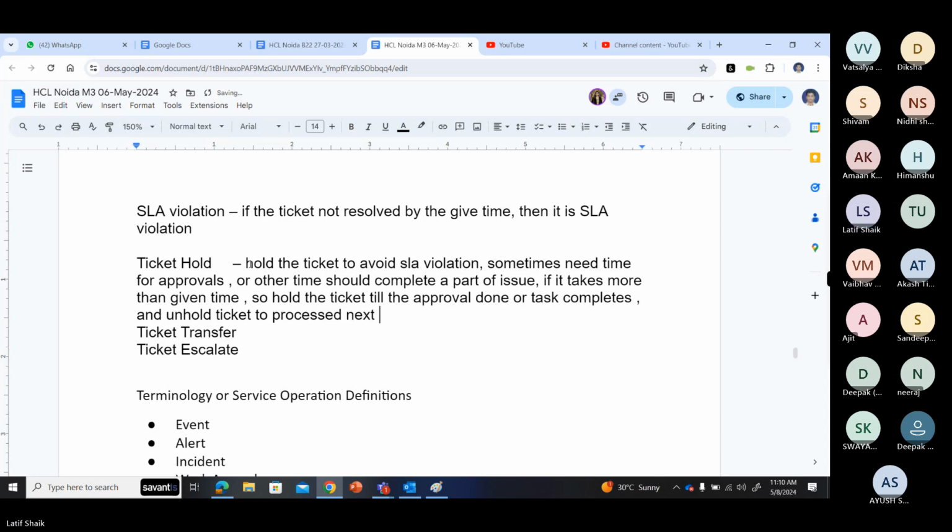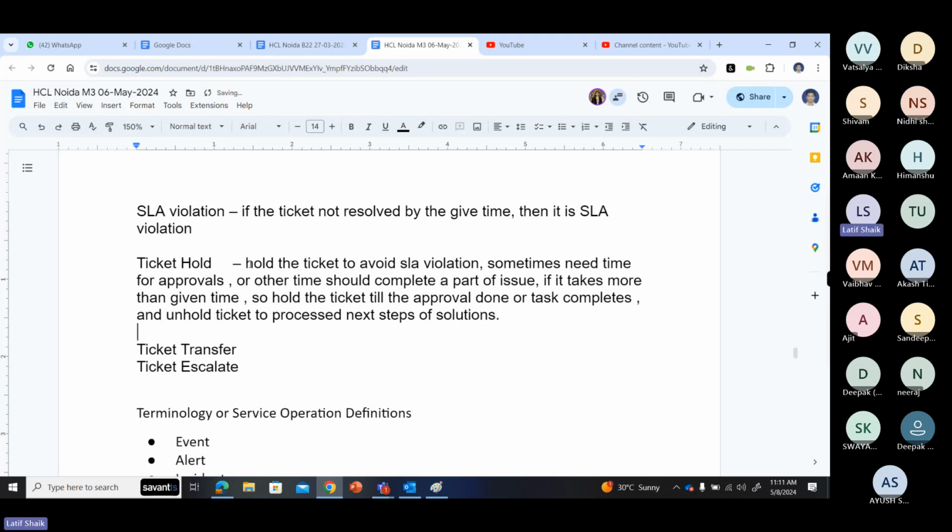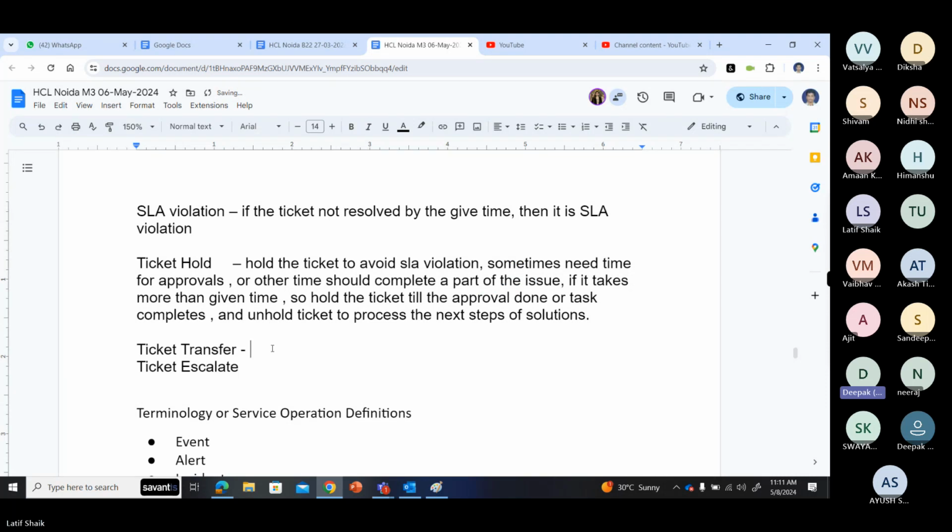Next steps of solution. Okay, it's not like that. Hello, sir. Yeah, tell me. Sir, is there any specific time to hold the ticket? No, it sometimes depends upon the organization.